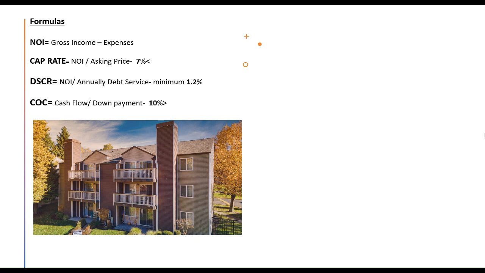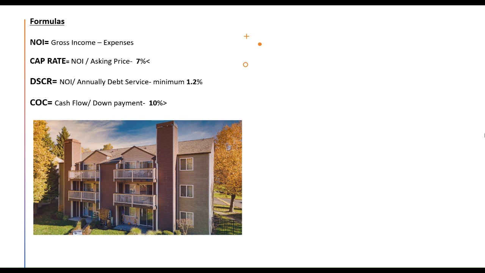The DSCR is equal to the NOI divided by the annual debt service, the mortgage. Minimum 1.2. So the lender typically looks for a minimum of 1.2 ratio. That's how they qualify, like I mentioned before.